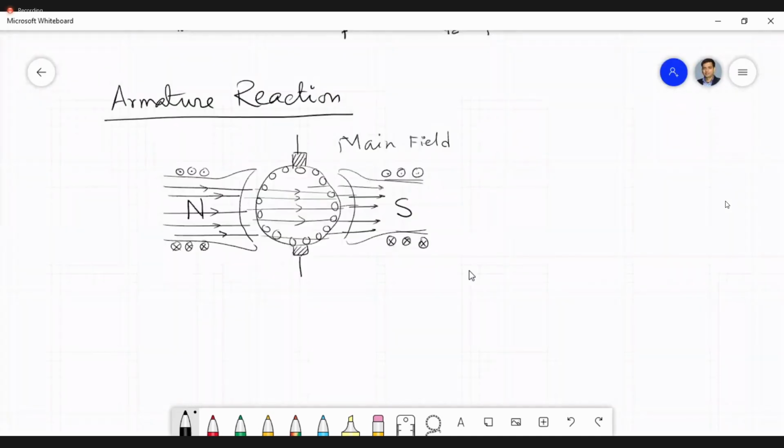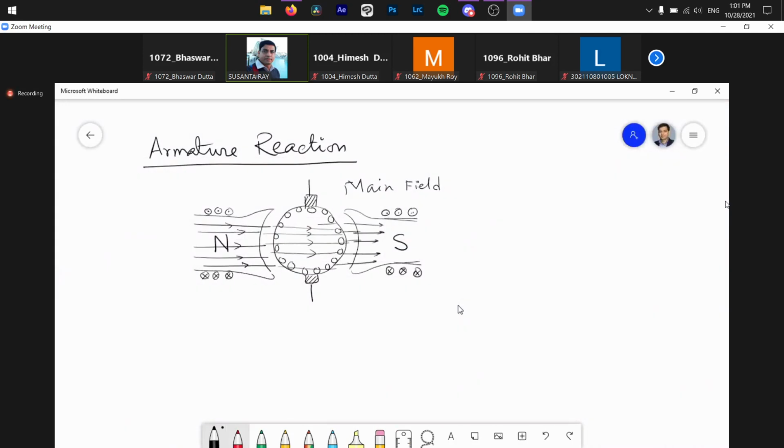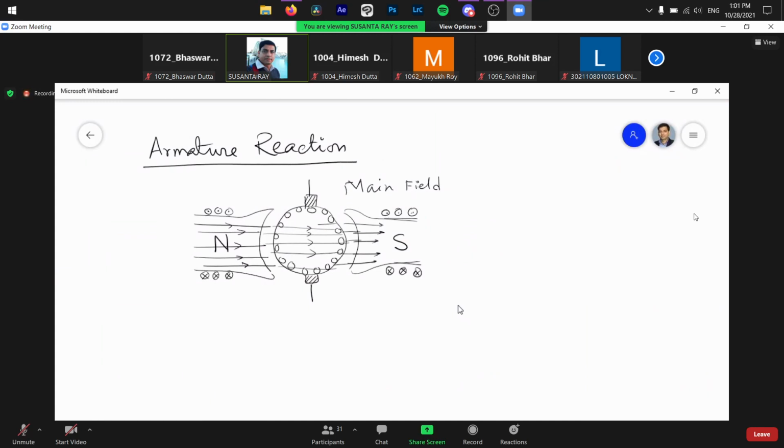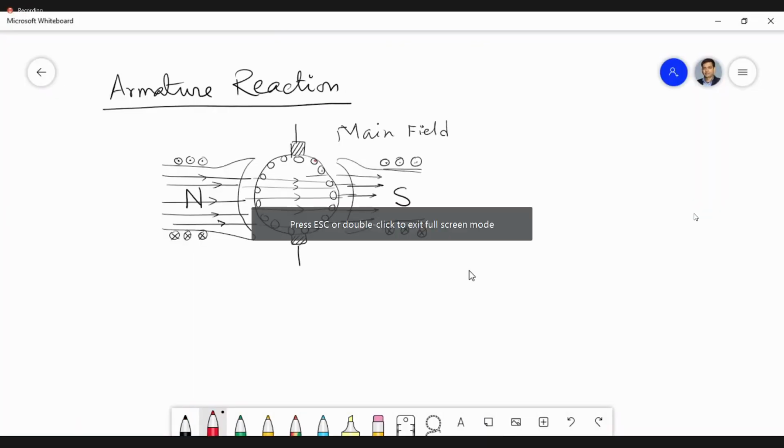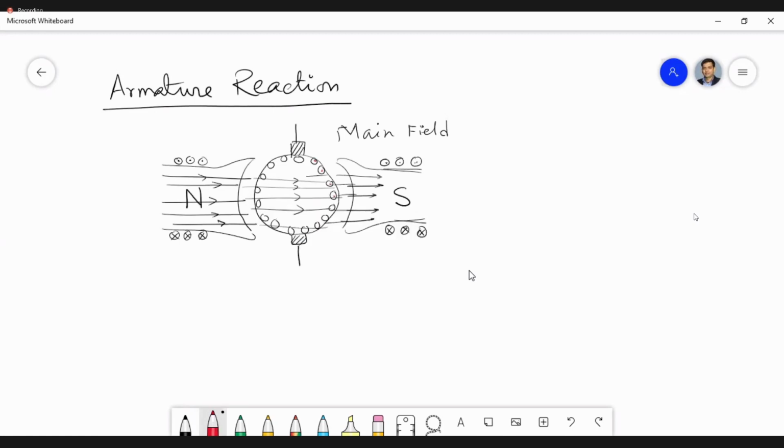Now think about the case when there is a current flowing through the conductor. Suppose here we have a dot current. And here, just left side of the brush, we have the cross current. So these are cross and the right side is dot conductor.